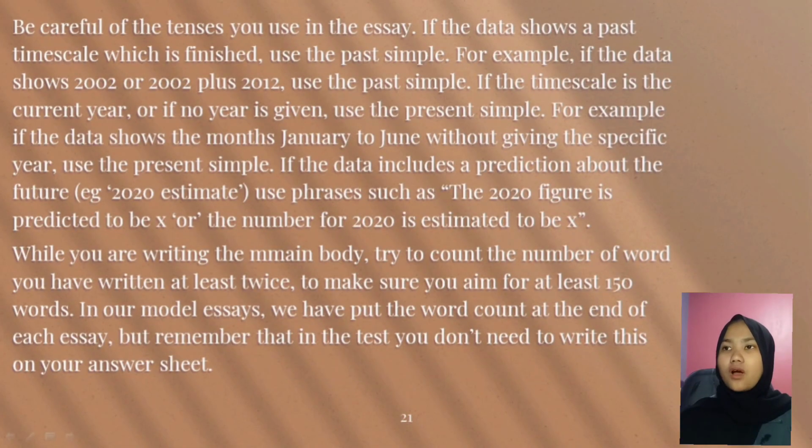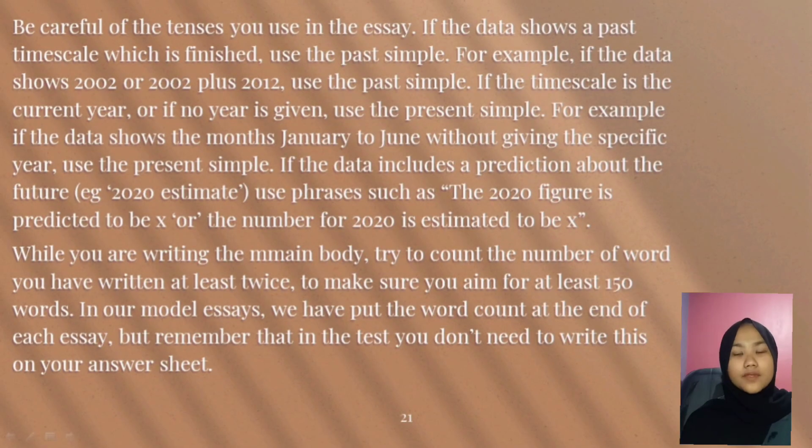Be careful of the tense you use in the essay. If the data show a past time scale which is finished, use the past simple. For example, if the data show 2002 or 2002 to 2012, use the past simple. If the time scale is the current year, or if no year is given, use the present simple.